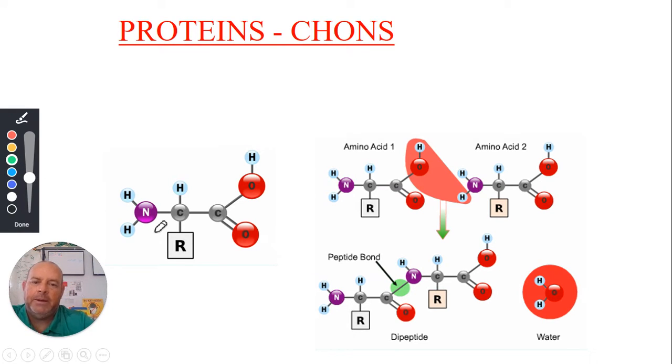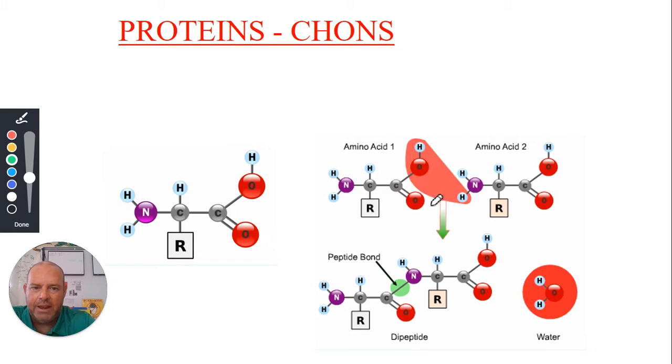If you notice with your pattern matching, you'll see an NCC backbone. With all of your amino acids, you're going to see NCC, NCC, okay, NCC, NCC. So you'll always see that backbone, and that's where a bunch of your amino acids should have been grouped in your pattern matching.